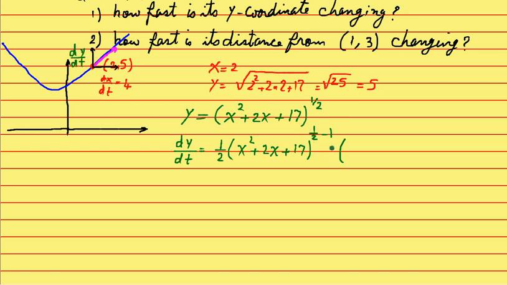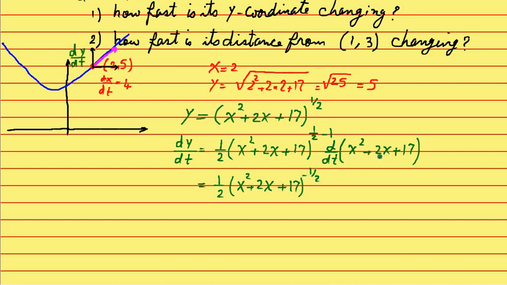To make it clear, let's write d/dt of x squared plus 2x plus 17. So our prime here is prime with respect to time. One more round. This is 1/2, that is x squared plus 2x plus 17 to the power of minus 1/2.